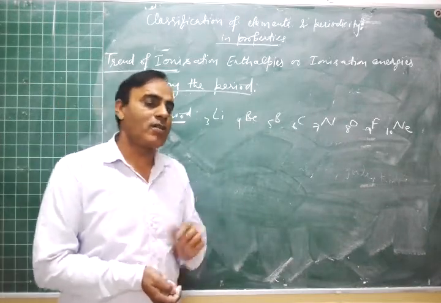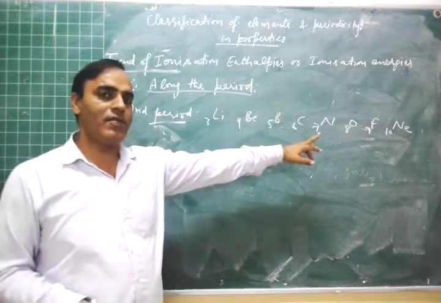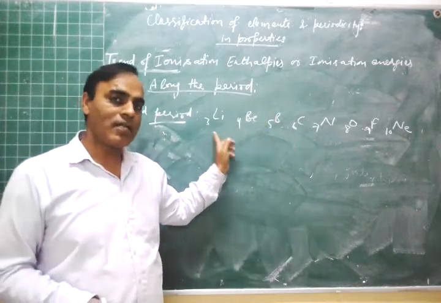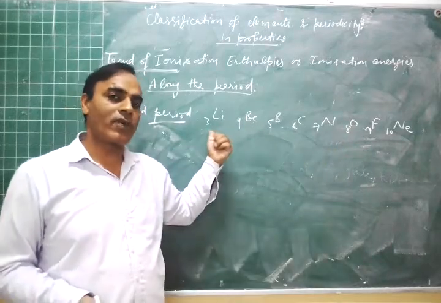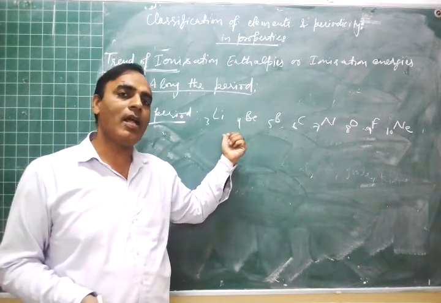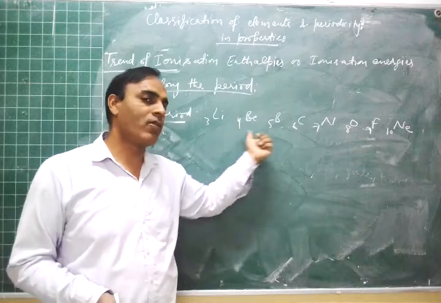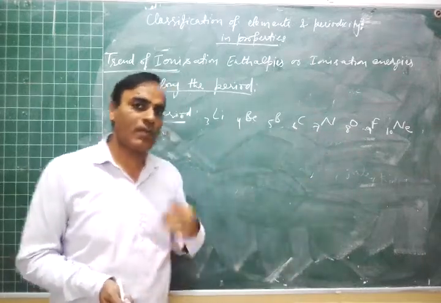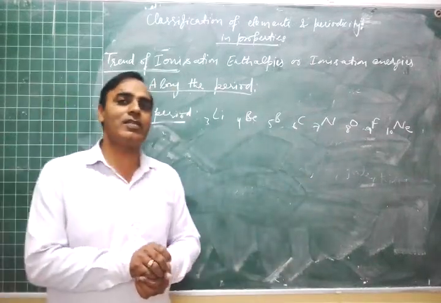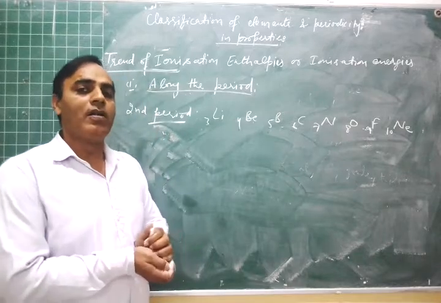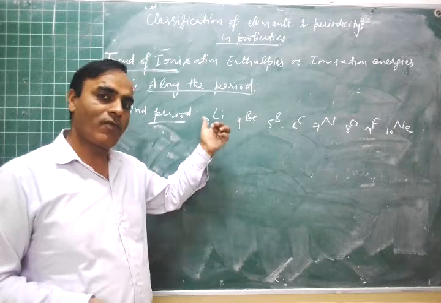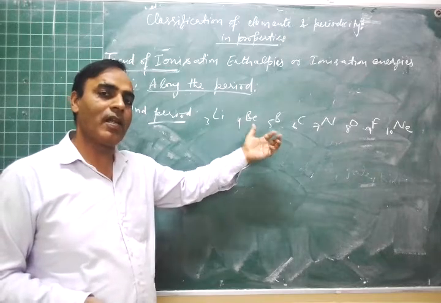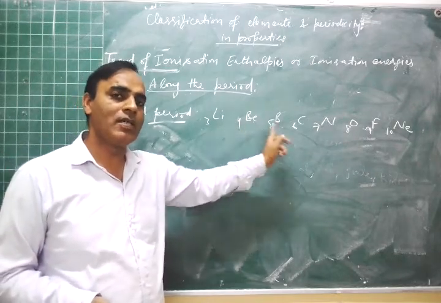So nuclear charge increases as we move along this series. Now as the force of attraction increases, the amount of energy required to remove an electron from the last shell of these elements increases as we move along this period.